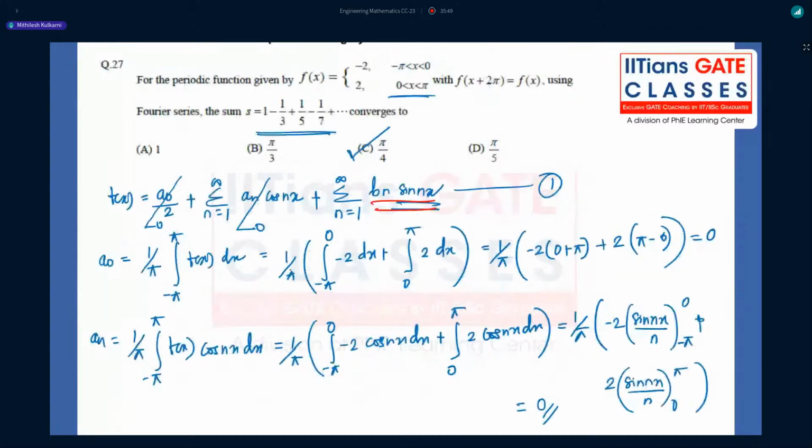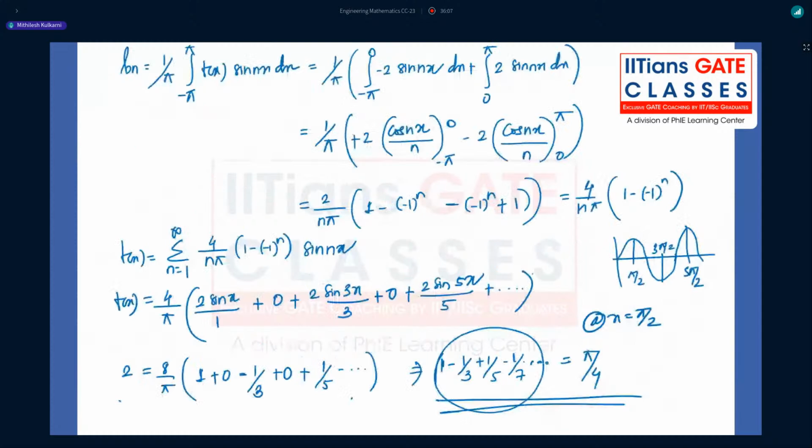Also, even after multiplying this function with cos, nothing will change, because cos is an even function, so you should be getting the same result. So an is again 0, but bn is different. Bn is non-zero in this case. That is what we have to calculate first, and then just putting it into the Fourier series will give you the answer. I hope it is clear to you all.